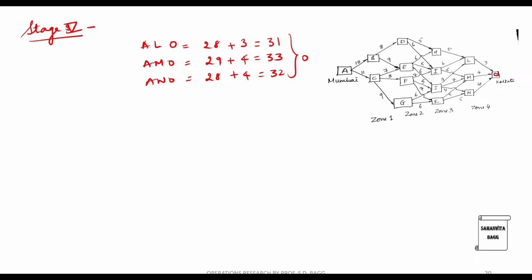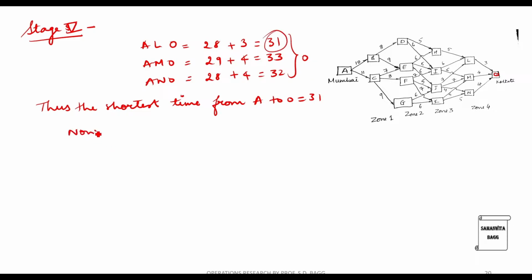So finally I will write down, thus the shortest time from A to O is how much? 31.